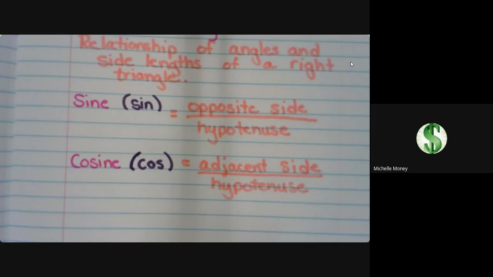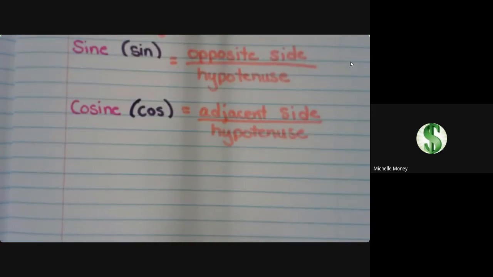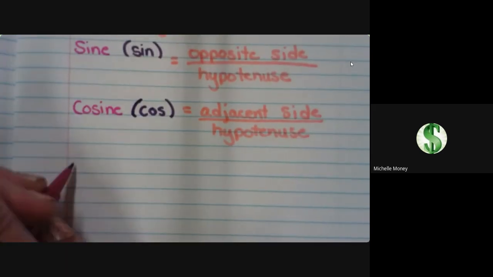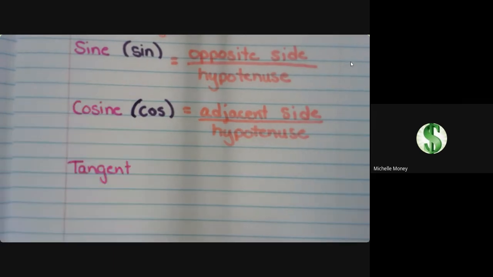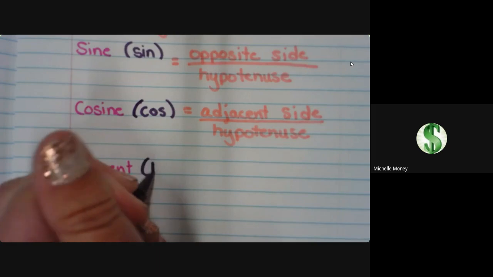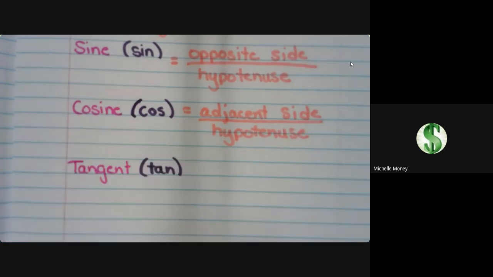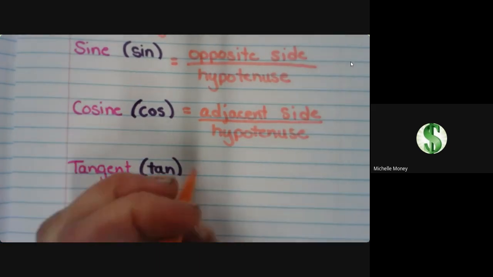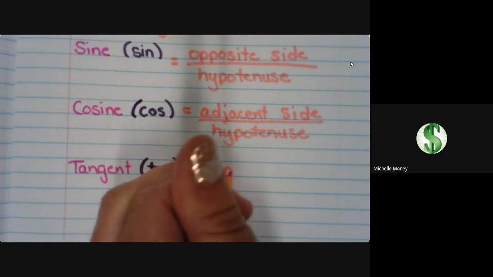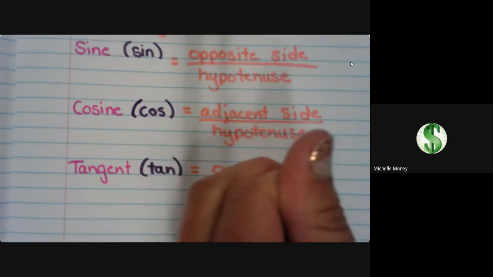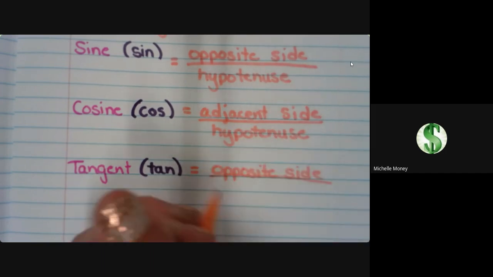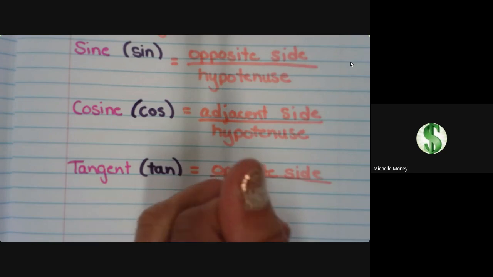Okay, so the adjacent side over the hypotenuse. And the last function is going to be the tangent, which goes by the abbreviation of tan. And this is going to be the opposite side over the adjacent side.